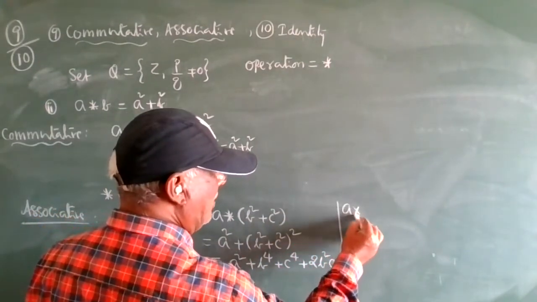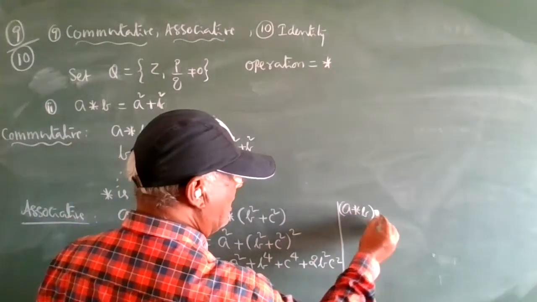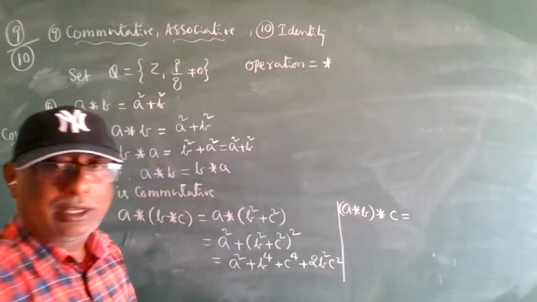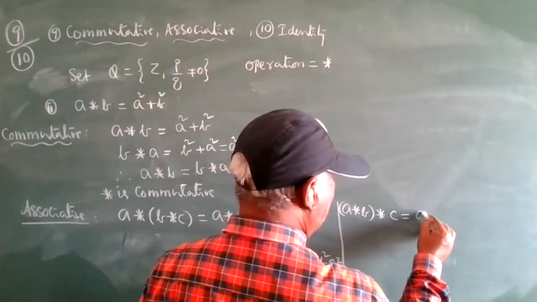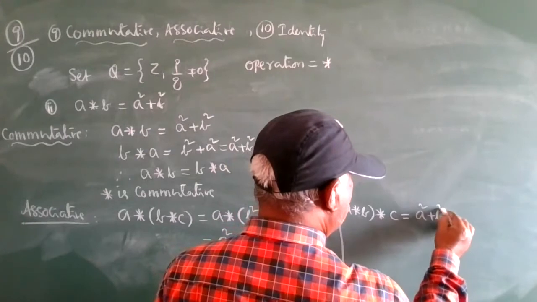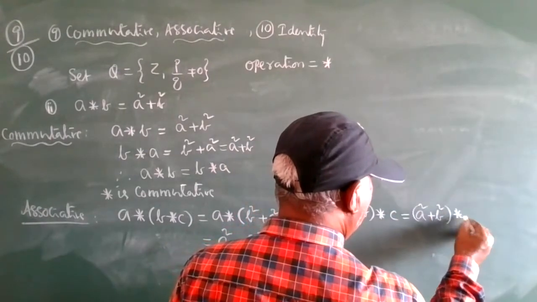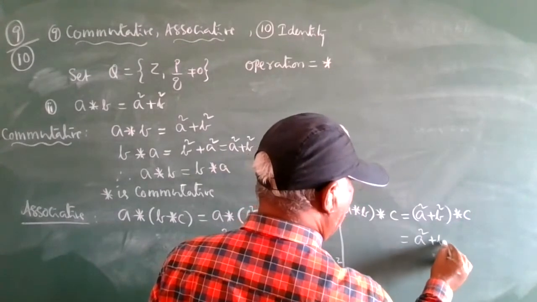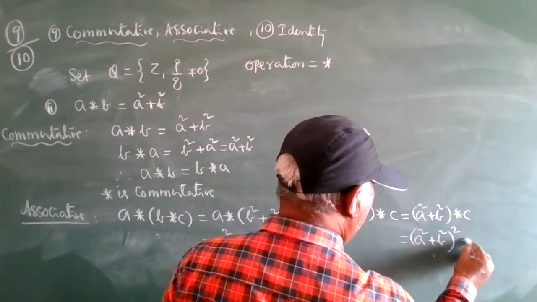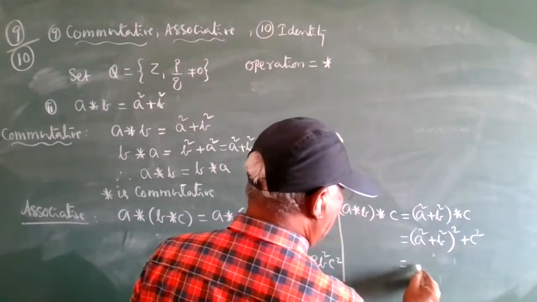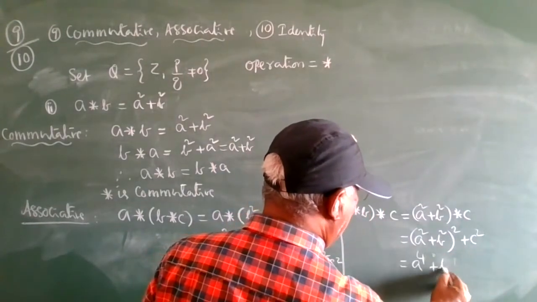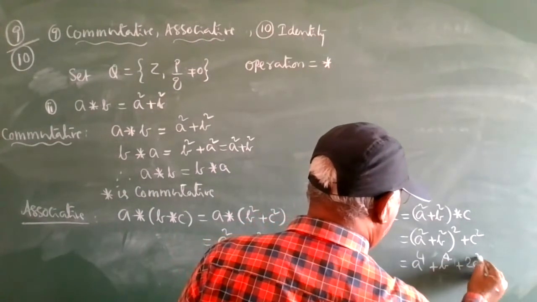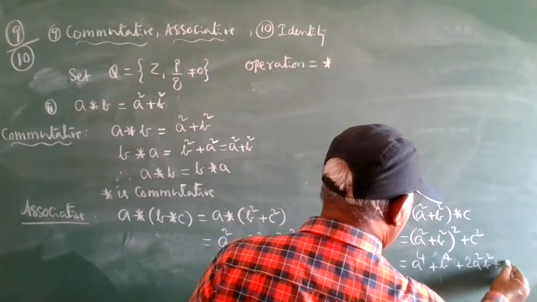Okay, now find A star B, star C. First one is A square plus B square, then A square plus B square star C: first element square plus second element square. A square plus B square, whole square plus C square. This is A power of 4 plus B power of 4 plus 2A square B square plus C square.